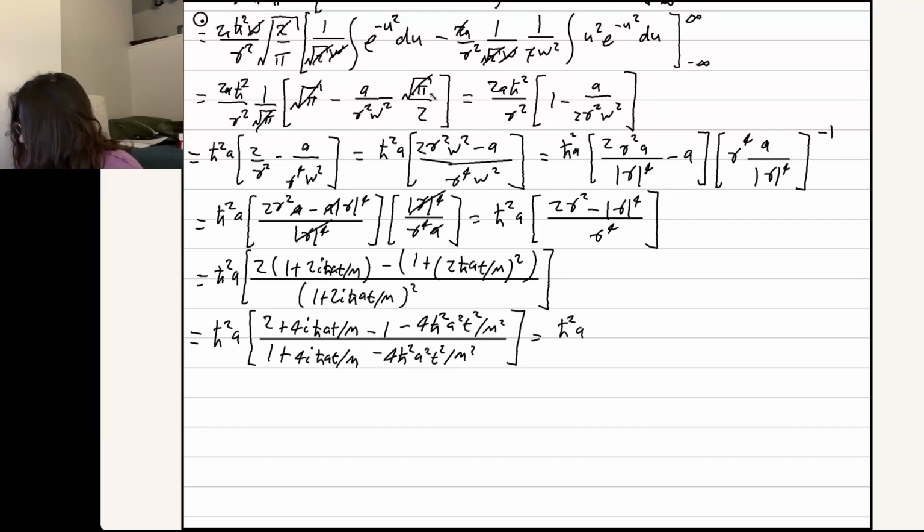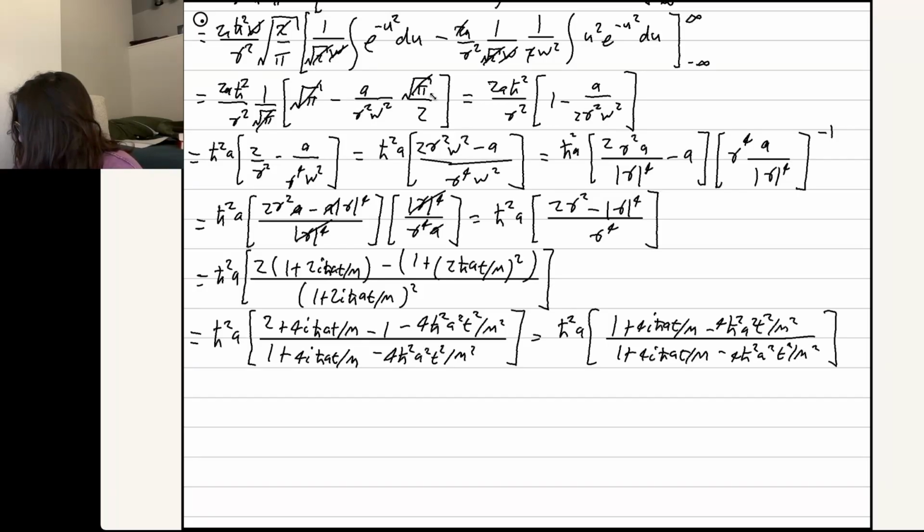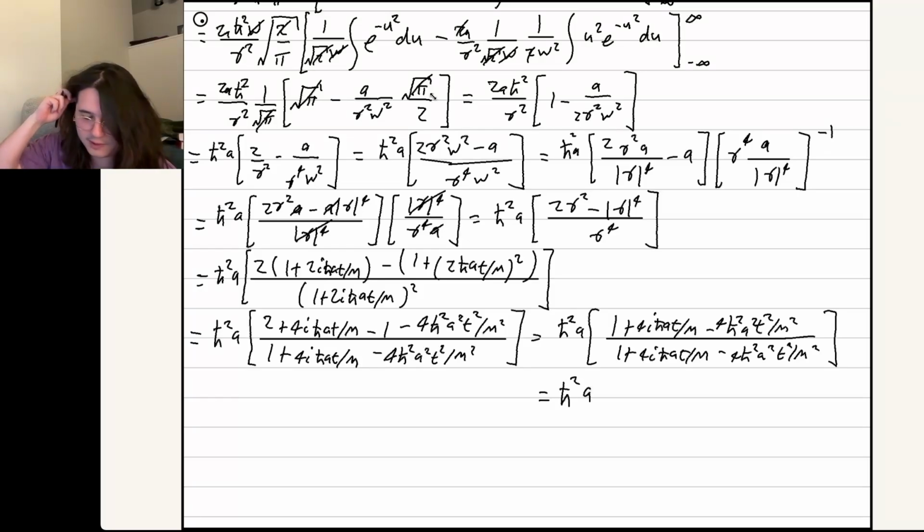And you can see that this 2 is going to be subtracted by 1. So we're actually going to have the same thing on top as we do on bottom. So everything will cancel out, and we just get h bar squared a, which is the answer that Griffiths got as well.